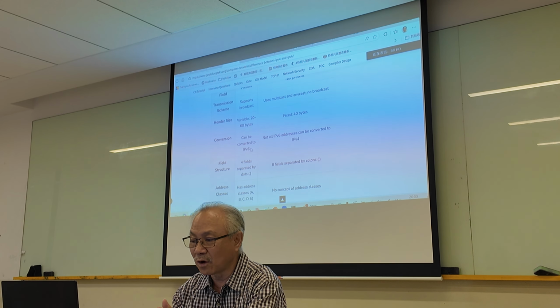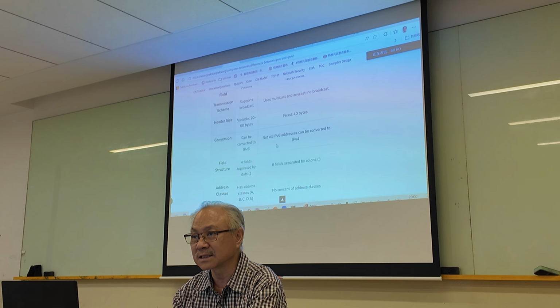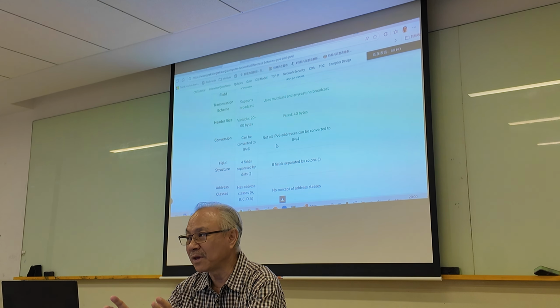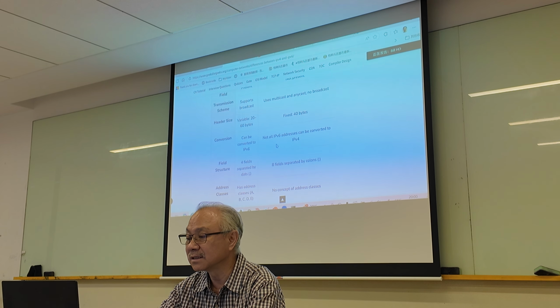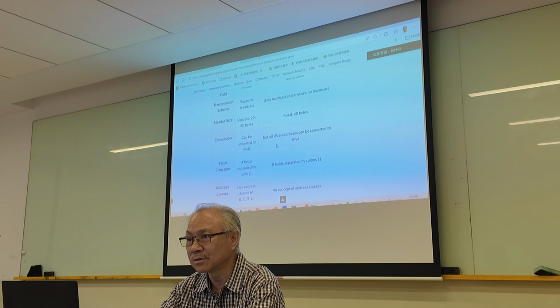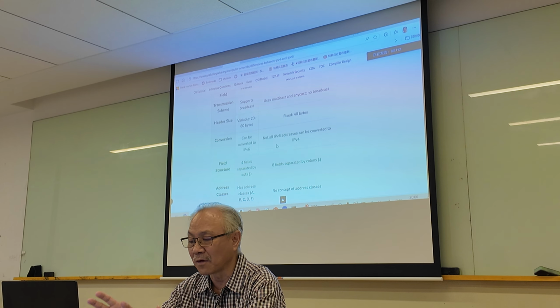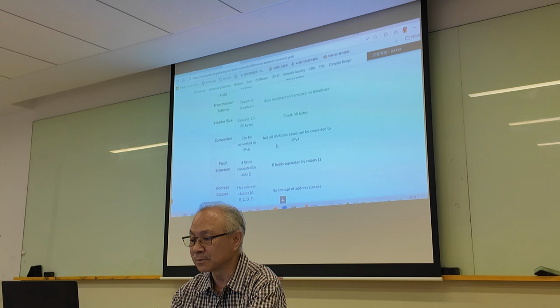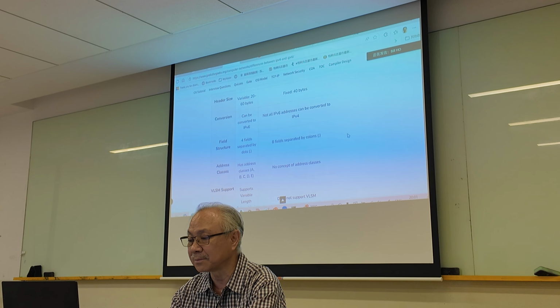All the IPv4 addresses can be converted to IPv6 because IPv4 is a subset of IPv6. But not all IPv6 can convert back to IPv4. So that's a problem. That's why the main routers of the internet itself implement both stacks, IPv4 and IPv6, to be able to talk to all of these.